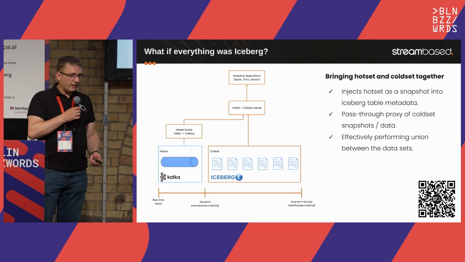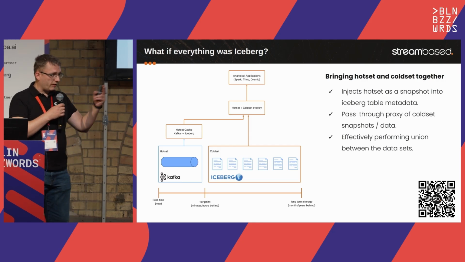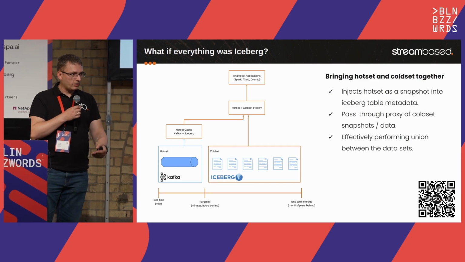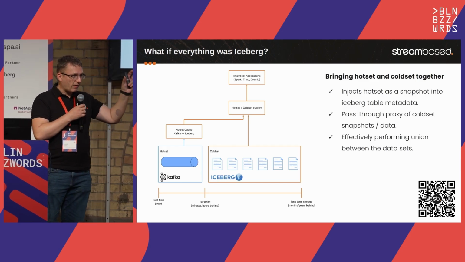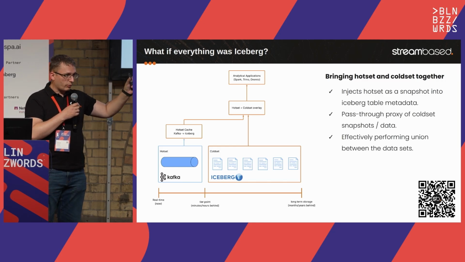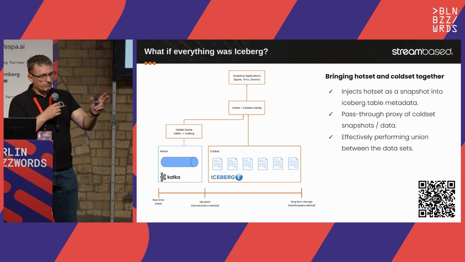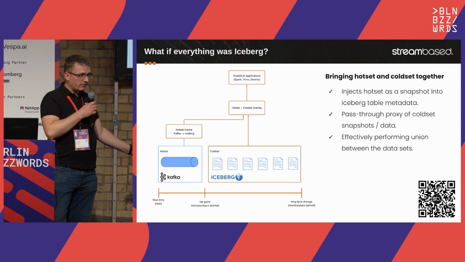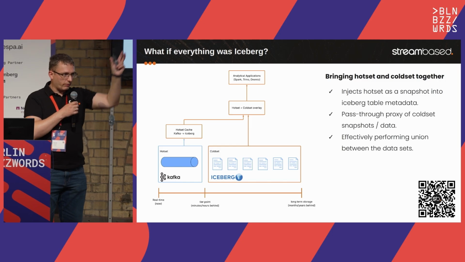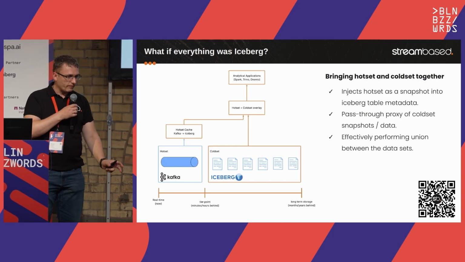So we can do that again by proxying the actual Iceberg layer, and at the metadata generation, instead of putting the Kafka val part as its own table with its own snapshot, we can proxy the existing Iceberg's metadata and add just one snapshot on top saying, and here is your hotset part on top of whatever you have in your old part.